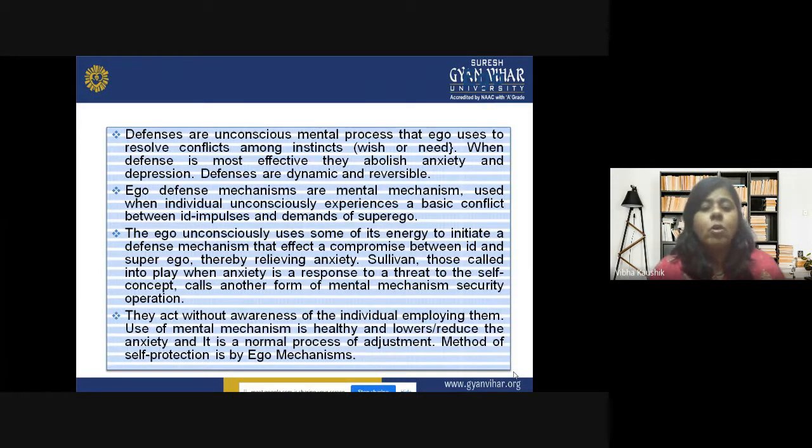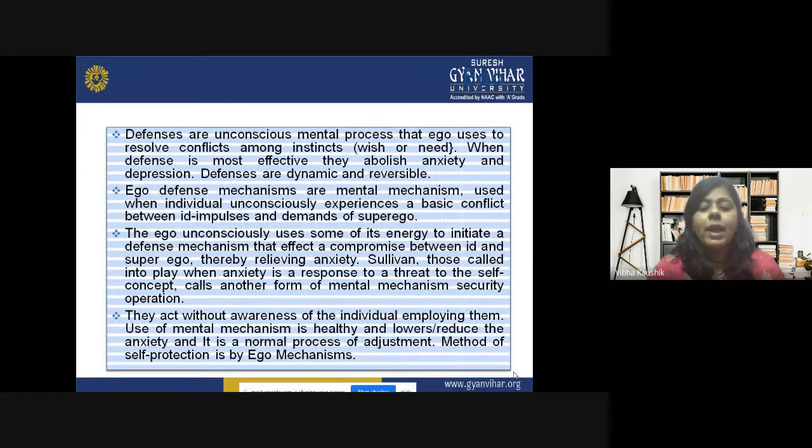Sullivan said they are called into play when anxiety is a response to a threat to the self-concept, a form of security operation. They act without the awareness of the individual employing them.